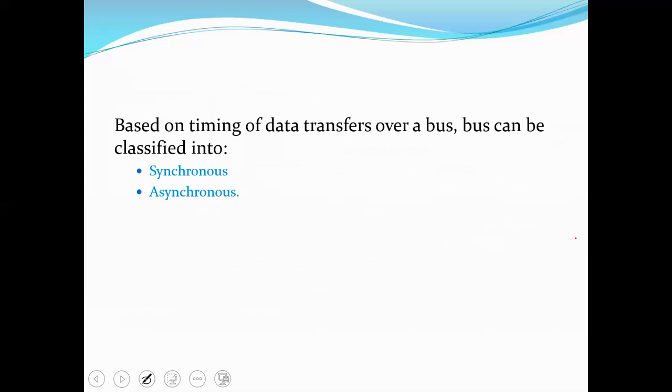By the term itself, you can know synchronous means in accordance with the timing. So it works with the clock. There is a clock, that is a time limit, and in that time limit the operation, read or write, must be completed.